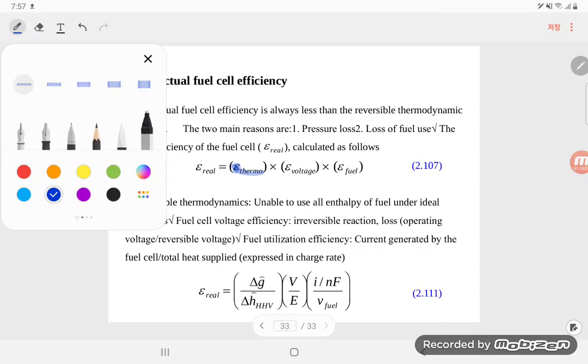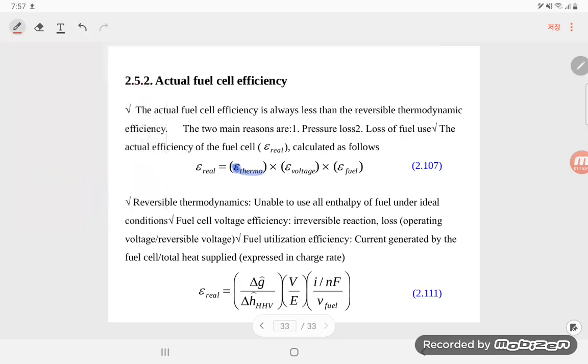And there are two losses too. The first one is voltage loss, and the second one is fuel loss. So the actual efficiency is constituted by multiplying three parts. Okay, three parts. First one, epsilon thermal.